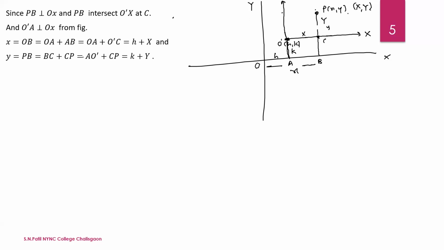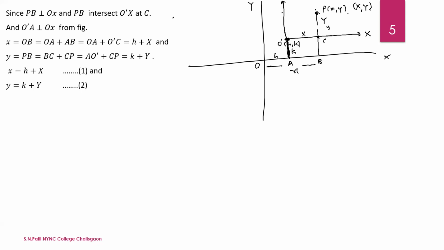Now BC is parallel to O dash A, both are the same, that is AO dash, and we keep CP as it is. AO dash is k and CP is capital Y. That is, x is equal to h plus X, and y is equal to k plus Y. So this is small x in terms of h and capital X, and this is small y in terms of k plus capital Y.